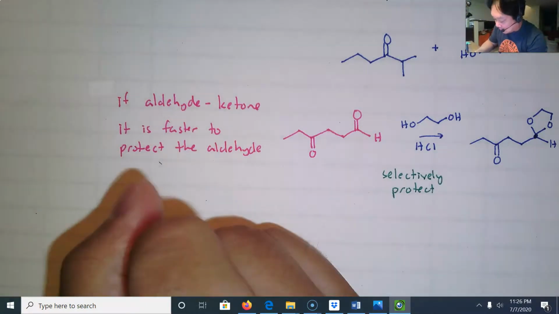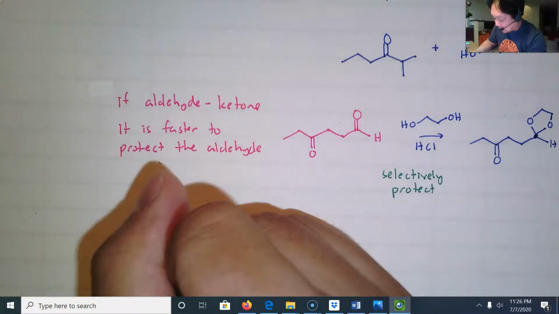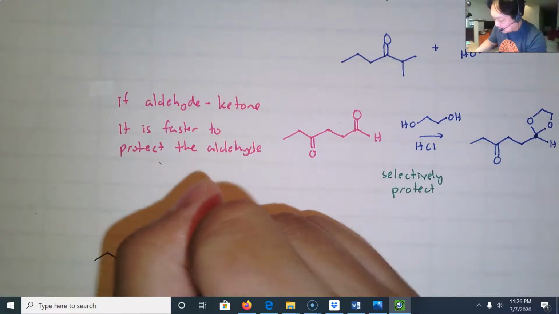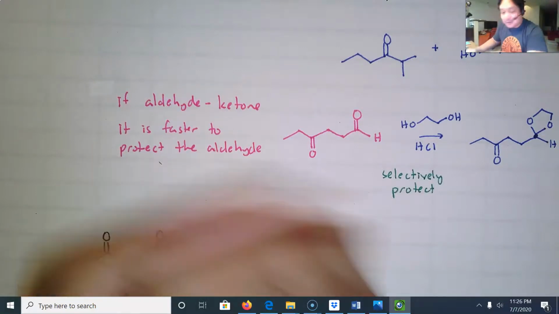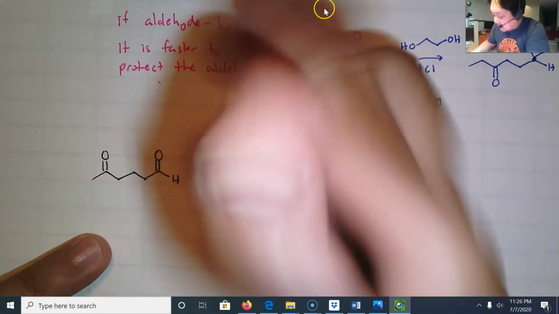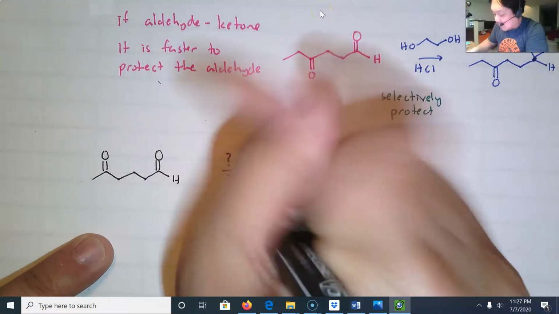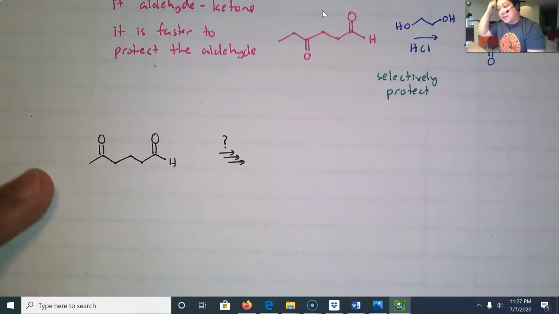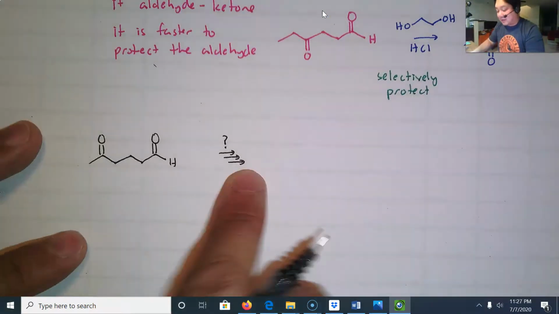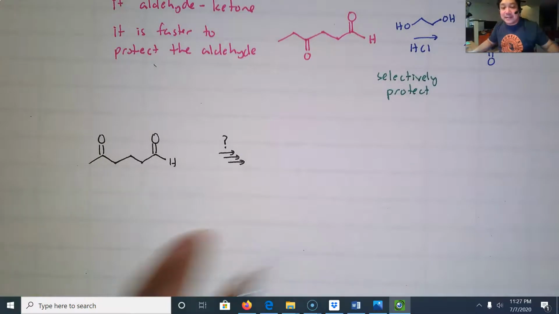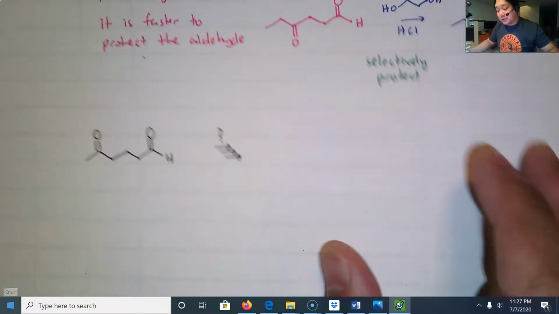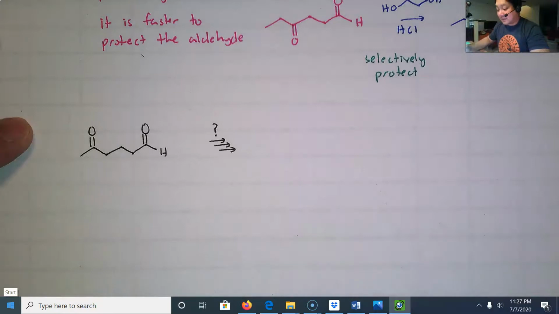If I start out with this aldehyde ketone, and let me choose another one like that. Okay. The way that I ask for synthesis is 3 arrows and a question mark. I'm not saying that the synthesis takes 3 reactions. I'm just saying that the synthesis takes more than 1 reaction. It could be 2, it could be up to 8 or 10.